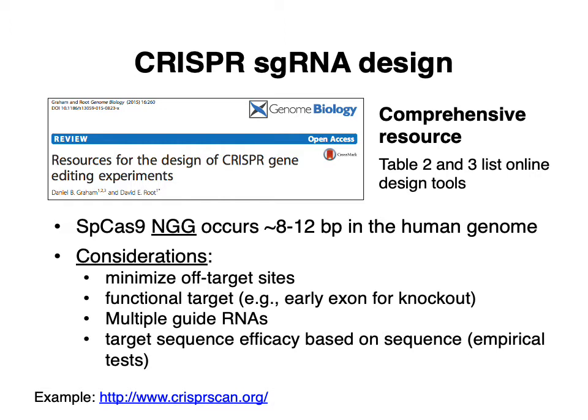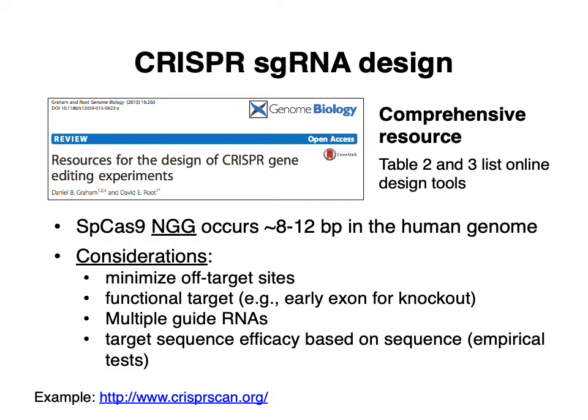Some other considerations are that, if your goal is to, for example, knock out a gene, you want to make sure that your edit will actually generate a proper knockout. If you're knocking out a regular coding gene, you might want to target early exons in the transcript to induce nonsense mediated decay or something like this.